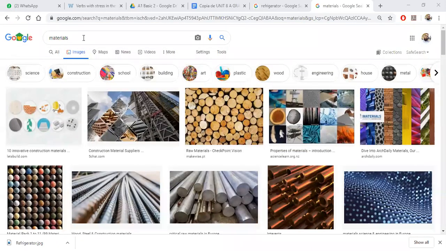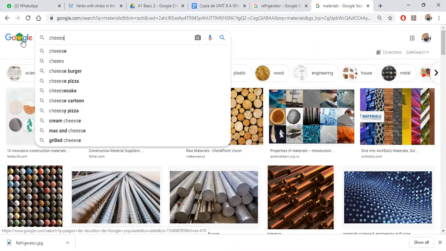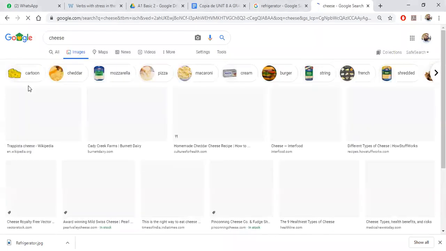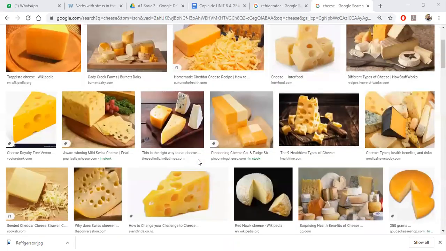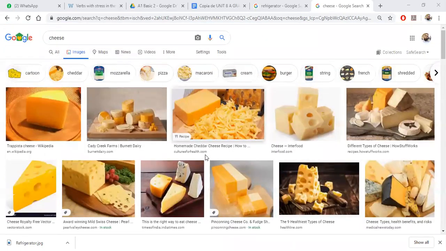That's another thing we do not count. We do not count things that we cut with a knife. For example, cheese. We need a knife to cut the cheese. Therefore, it is uncountable. We don't say cheeses, we say cheese.